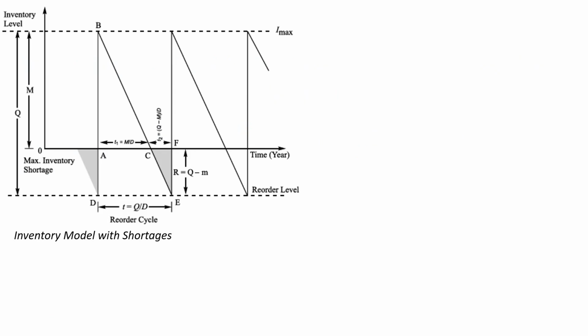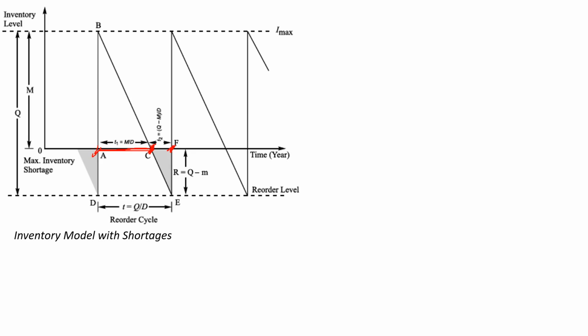This is the schematic representation of this model. Here this is T1. T1 is the time between the receipt of an order and when inventory drops to 0. So here no shortage exists. And T2 is when shortage exists. So in this period T2, shortage is existing.